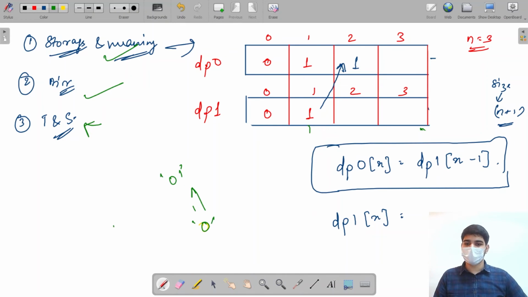If I had a string that ended with 1, I could add 1 to it and make 1 1. So I could add 1 when the last digit was 0 or when the last digit was 1.